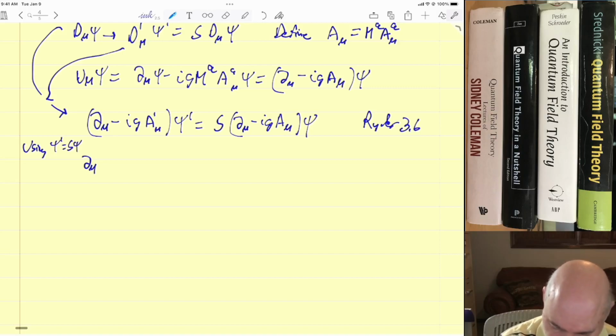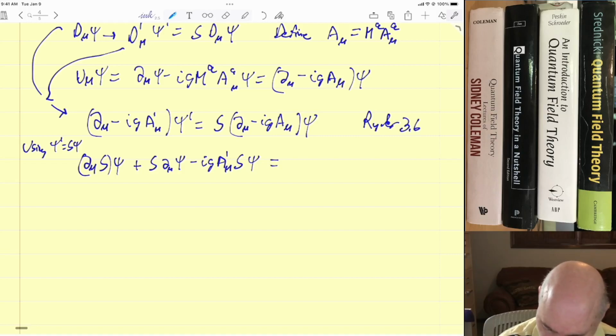So when I take the derivative, I'm going to get the partial mu S times psi plus S the partial mu psi. And I'm going to get minus i g A'_mu S psi.